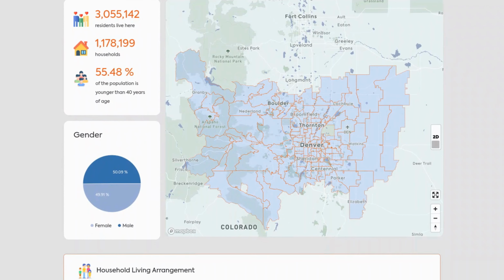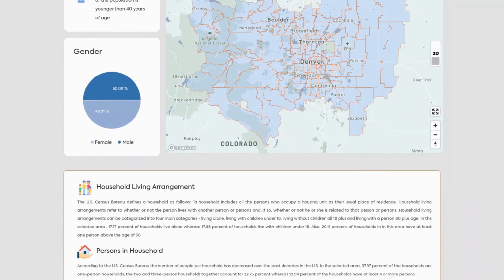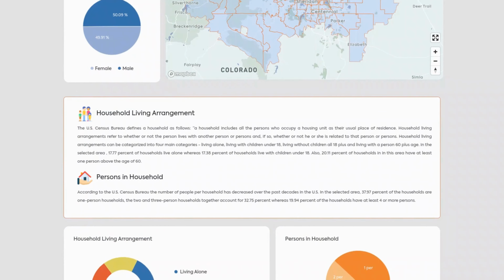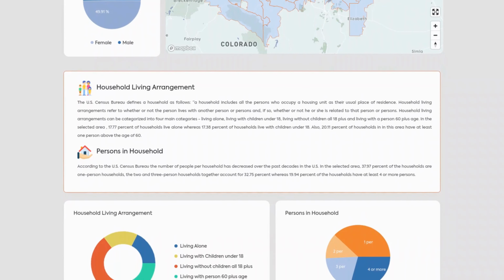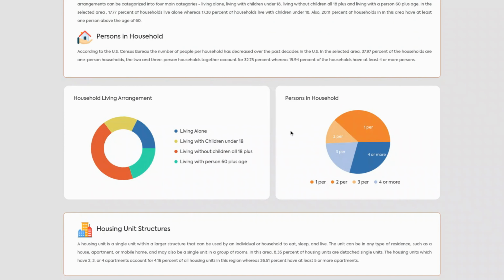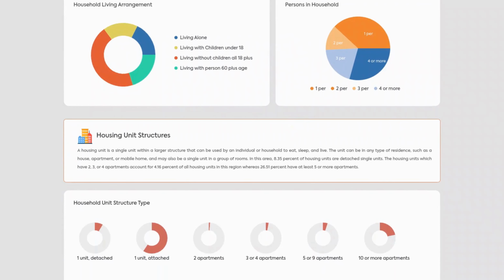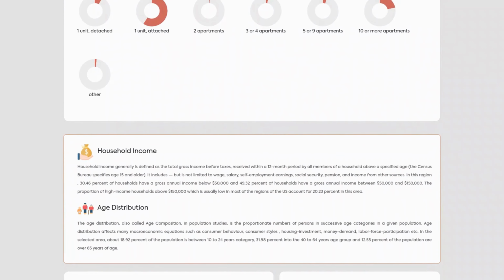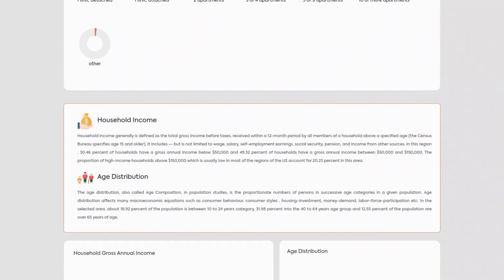How many residents there, gender breakdown, household living arrangement, number of persons in the household, housing unit structures, housing unit structure types, household income, which would be the most important data point to use as a business owner, and age distribution.